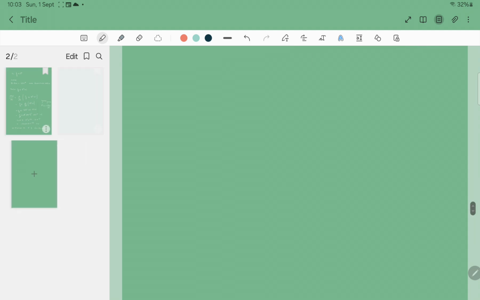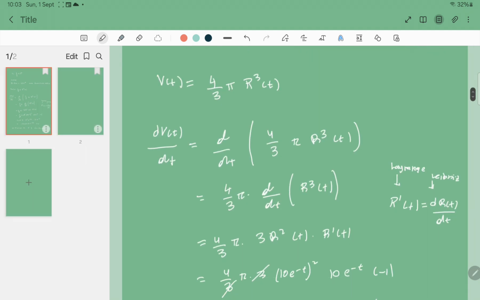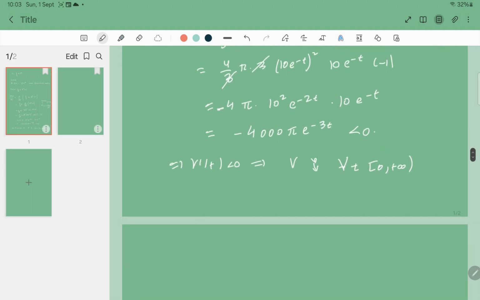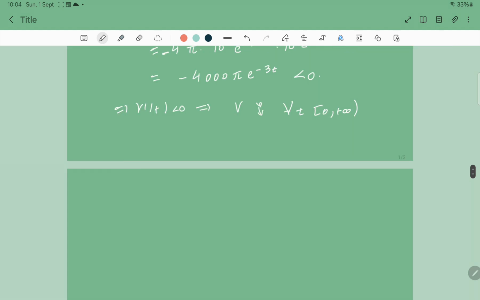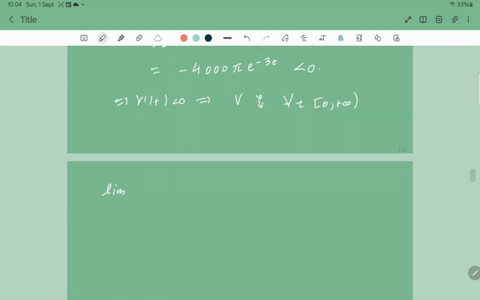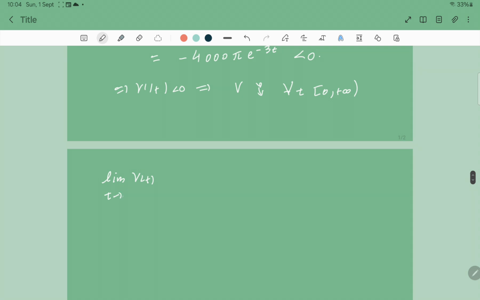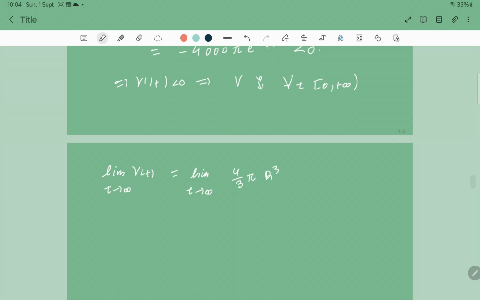Now let's see the next step. So this is a monotonically decreasing function, so it means that when time goes by, the ball shrinks. And also we can say that the limit of V(t) as t grows to infinity is the limit as t grows to infinity of 4/3 times π times r to the power of 3.